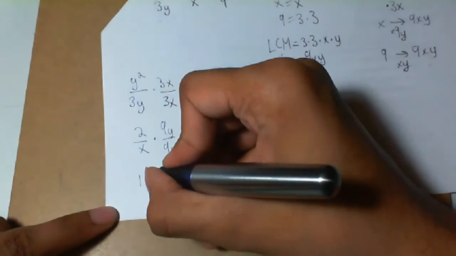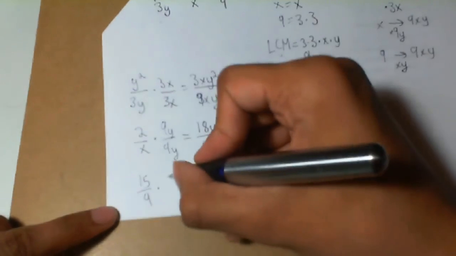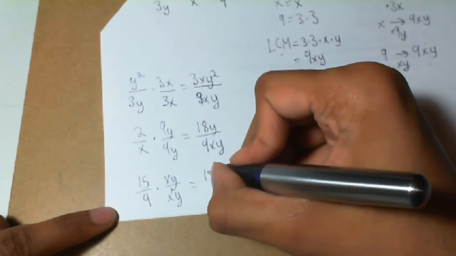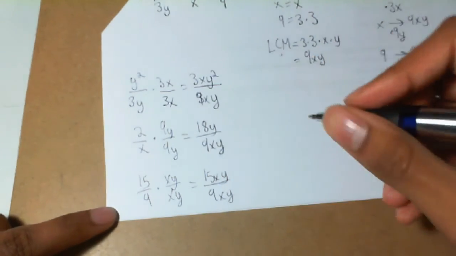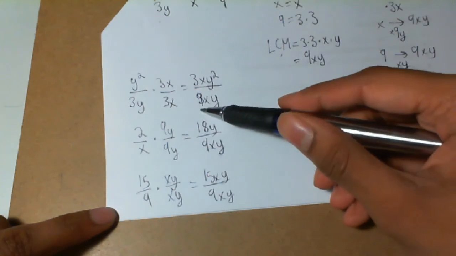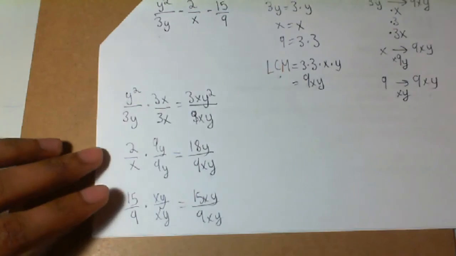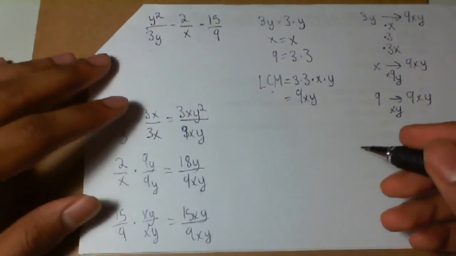And then you get 15 over 9, and then xy over xy, 15xy over 9xy, okay? So now we have every single one of these terms in the same denominator. And like I've continuously said, now it's just normal subtracting with like denominators.